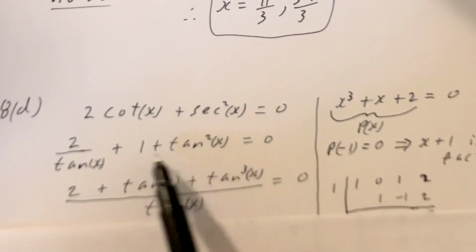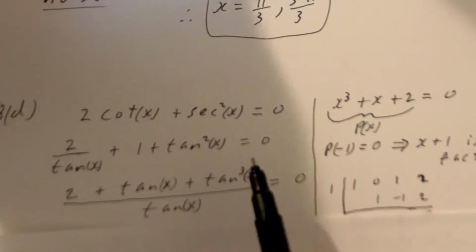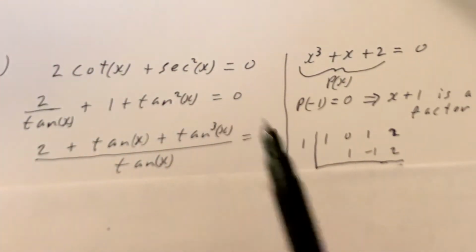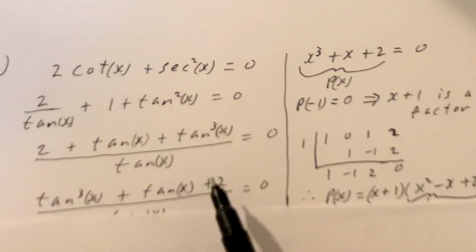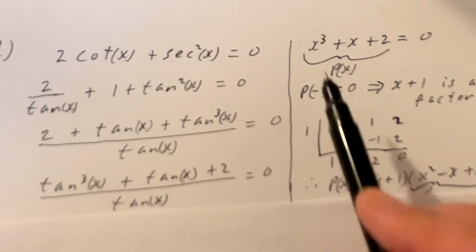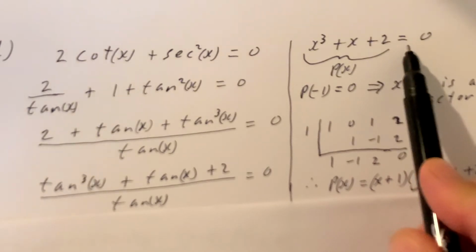The top is a cubic, so it's not a quadratic. So this is where there's a little extra. We've got to go back to our knowledge of factoring cubics. So we're going to change this to something that looks like this, put the tan cubed out in front. So that's like solving x cubed plus x plus 2 equals 0.